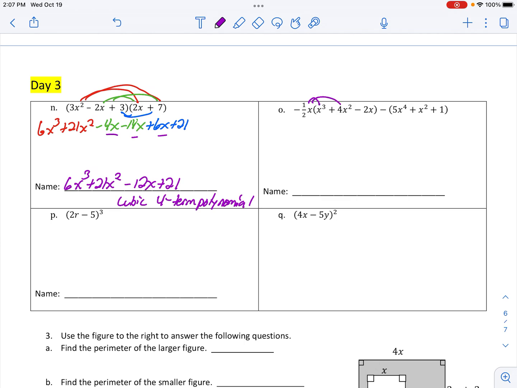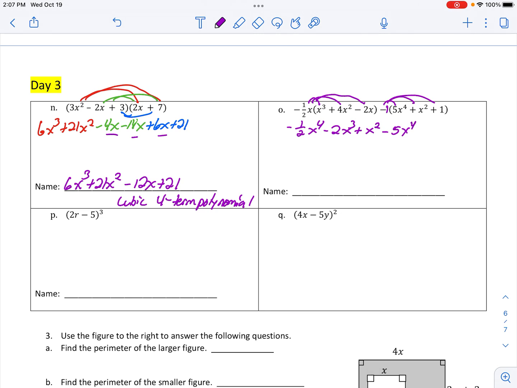Okay, letter O. We are going to distribute. And then we're going to distribute a negative 1. Watch your arithmetic as you do this. Negative 1/2 x to the 4th minus 2x to the 3rd plus x squared. Distribute the negative 1.